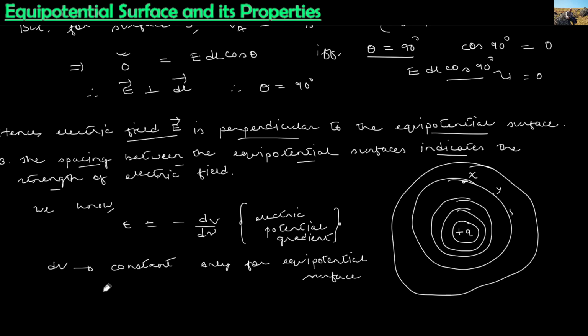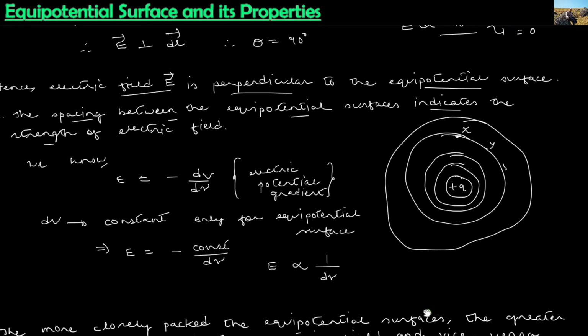So when you look at this equation, this is equal to E, and if dV is equal to a constant, we can write this as a constant divided by dr. So in physics, the electric field is inversely proportional to the distance.